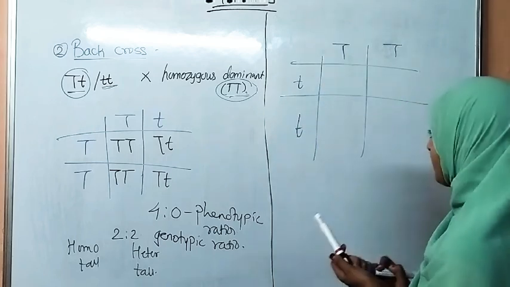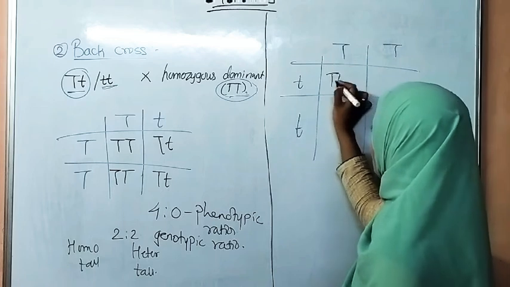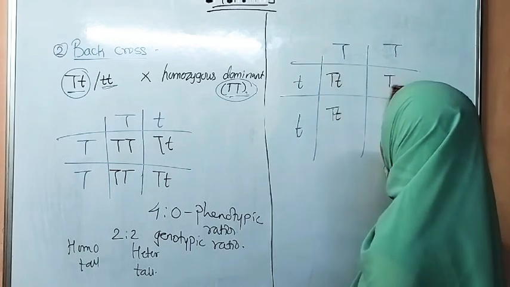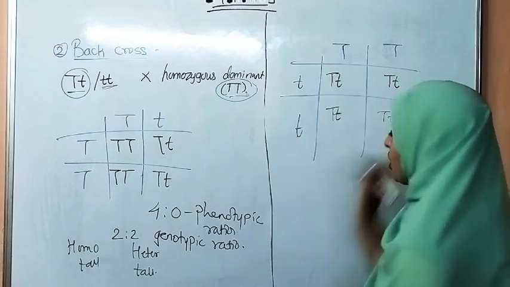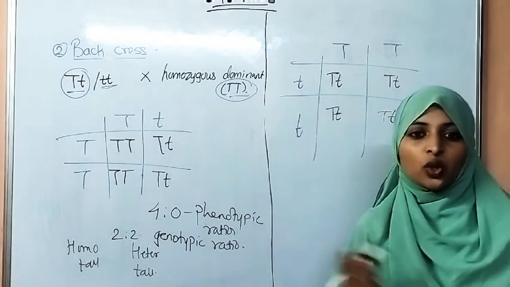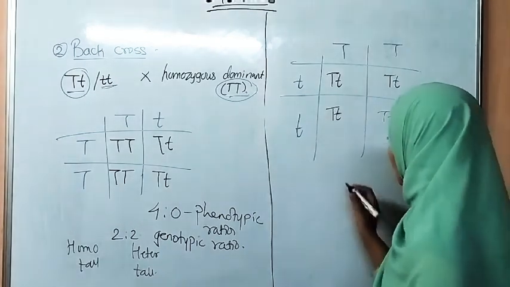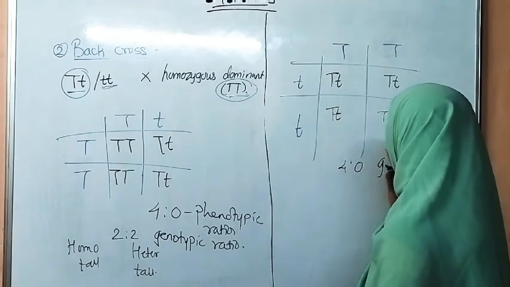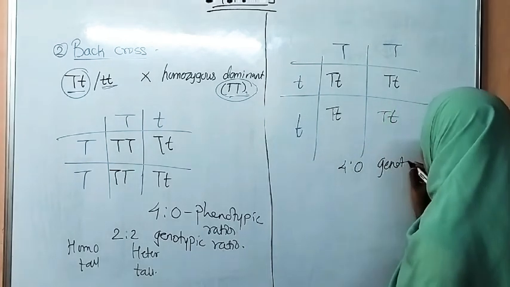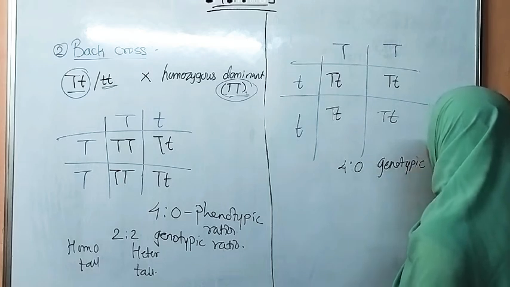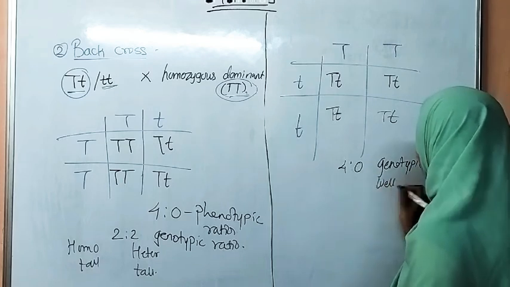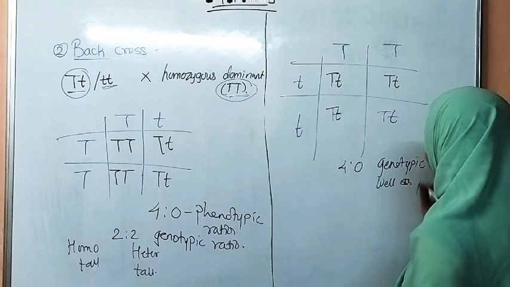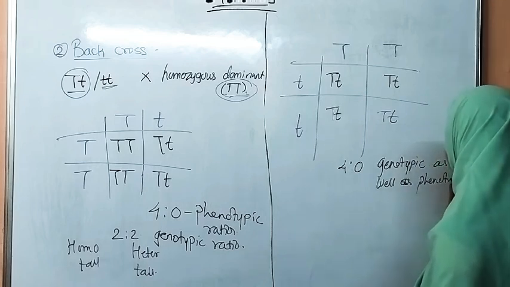The offspring are capital T, small t, capital T, small t, capital T, small t, capital T, small t. Here the phenotypic and genotypic ratio is the same, meaning all are heterozygous tall. 4:0, genotypic as well as phenotypic ratio.